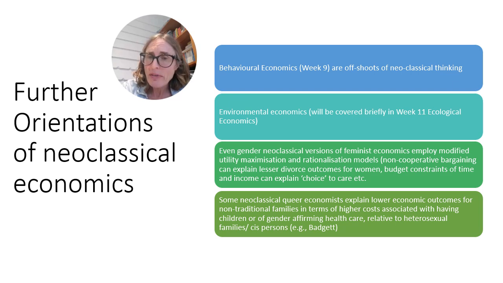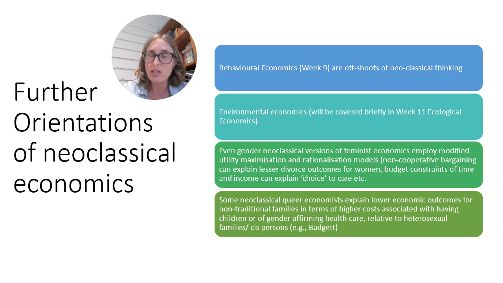Some neoclassical queer economists have also explained lower economic outcomes for non-traditional families in terms of the higher costs associated with having children for non-traditional families, or the higher costs of having gender-affirming healthcare relative to heterosexual families or cis persons.